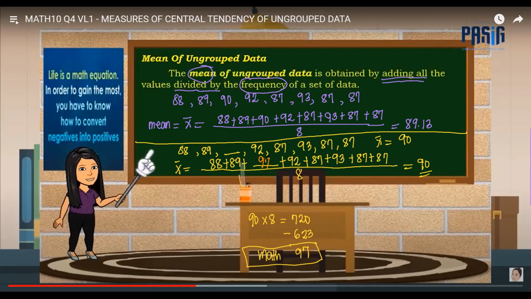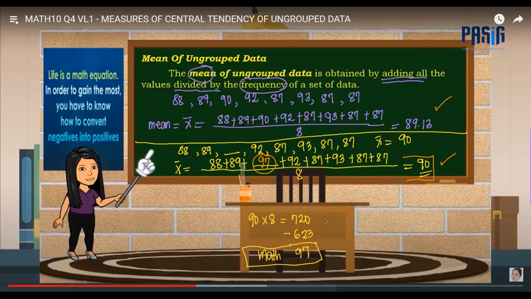Okay? So, pwedeng ganito yung ibigay sa inyo na you will solve for the mean, and pwede rin naman na ang problem ay you are going to look for that certain value that is missing, and you are given a certain value for the mean. Na i-consider mo yung mean at yung the rest of the values for you to get the missing value.